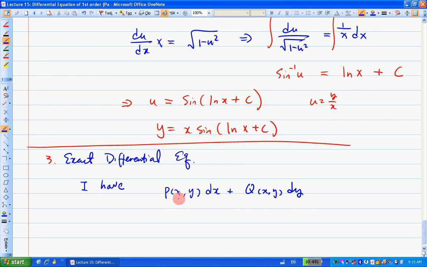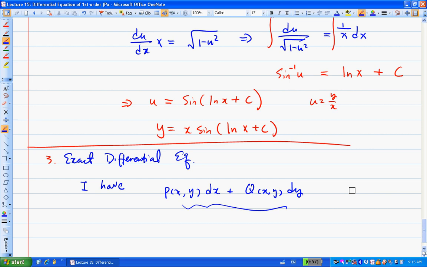Well, it's just a function P(x,y) multiplied by dx and a function Q(x,y) multiplied by dy, right? Have we seen this one? We have, when we were dealing with the concept called total differential, when this one is equal to df. But at this stage, I don't call it equal to df. I just say this is an expression.